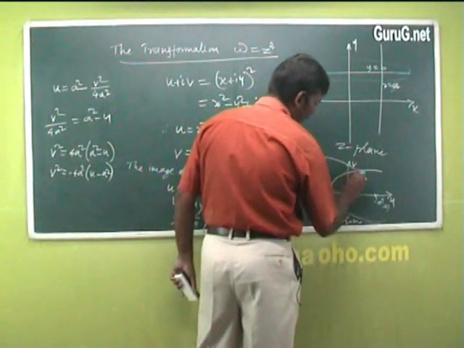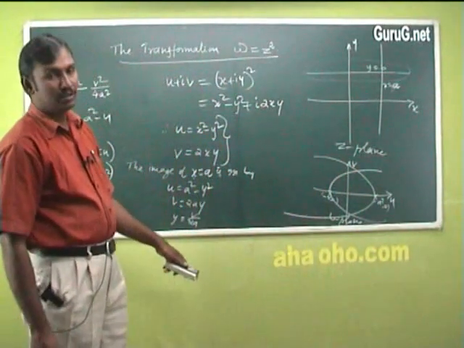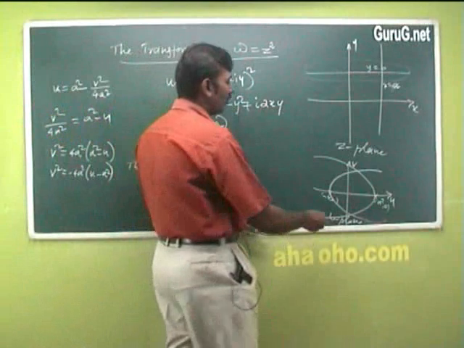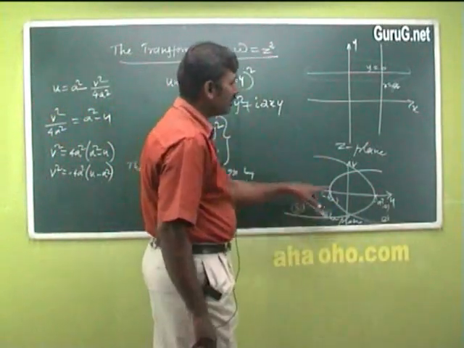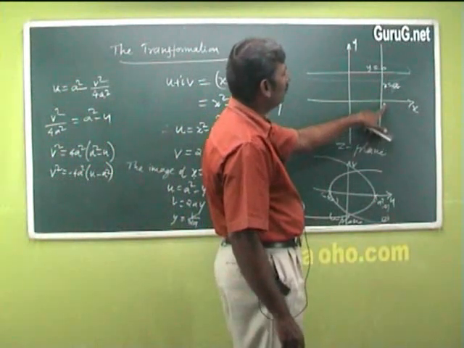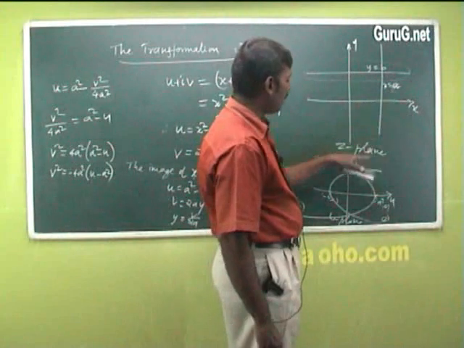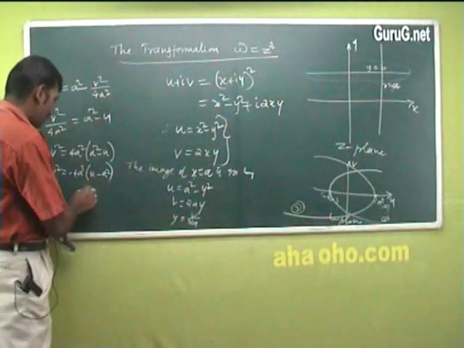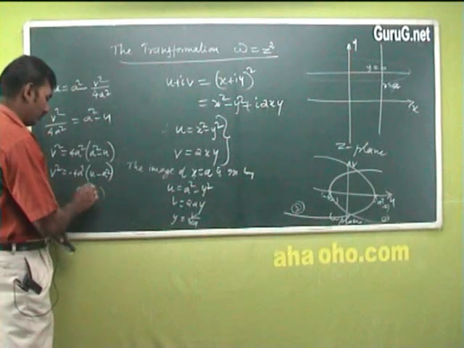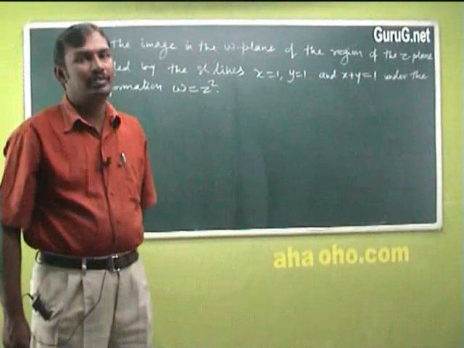The parabola is like this, right? This is equation 1 and this is 2, which is the image of a line parallel to y-axis. The image of the line x equal to a is given by the parabola with vertex a squared comma 0, which is left open.